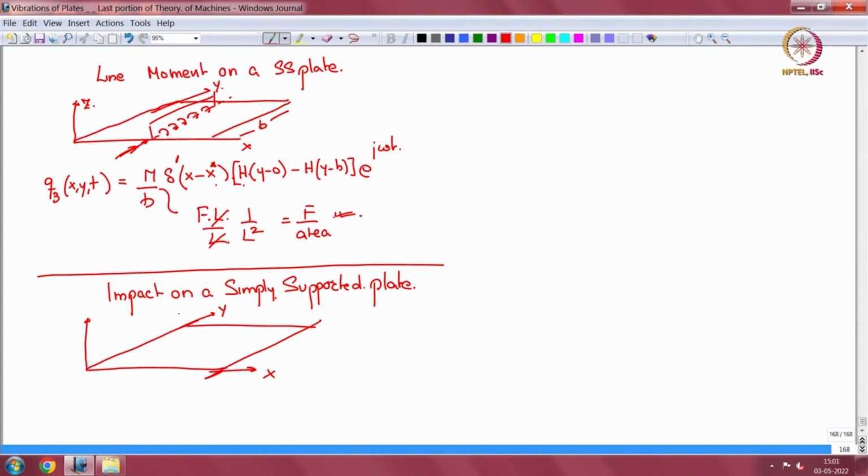Suppose the ball, a mass of m coming down, has a velocity v1, but going back up, it has a velocity v2.